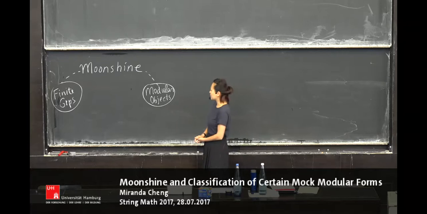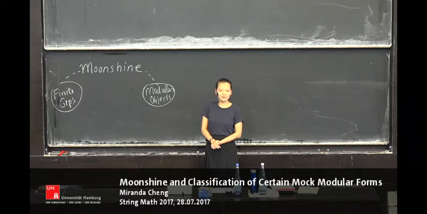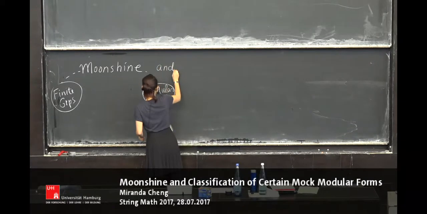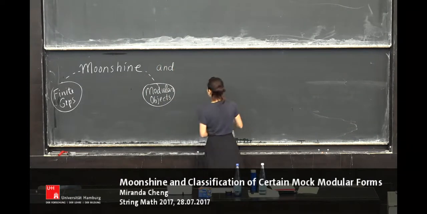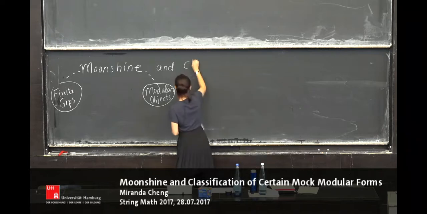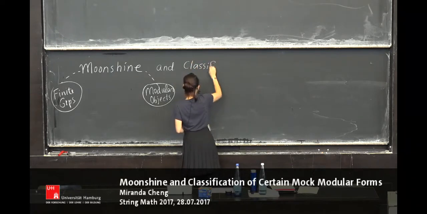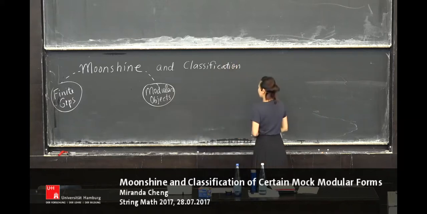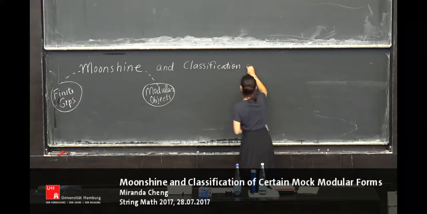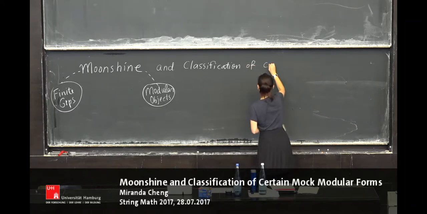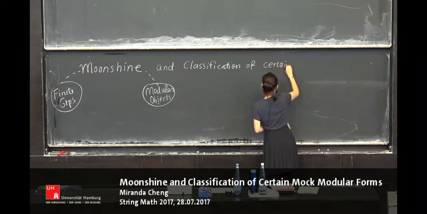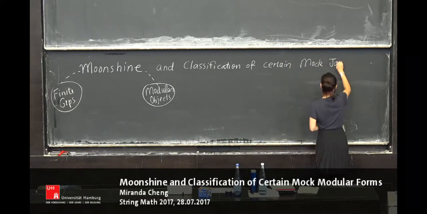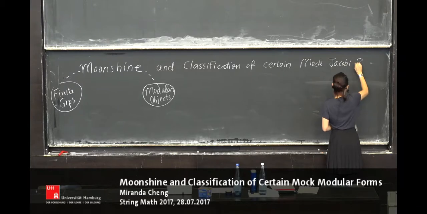So today I'm actually going to do something a little bit different. Namely, I'm going to talk about some results on this different type of mathematics that we have not heard a lot about so far in this conference, namely the classification of certain types of Jacobi forms.